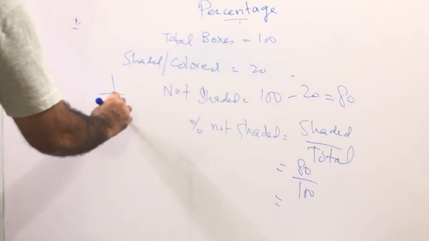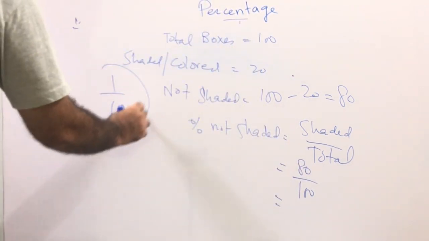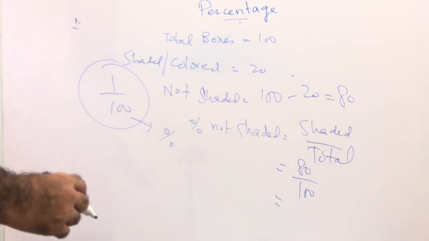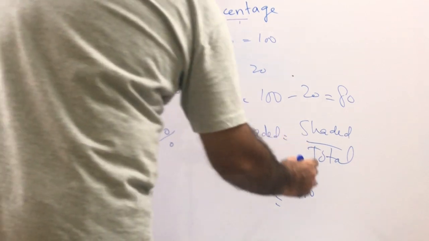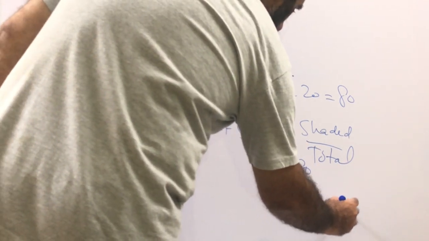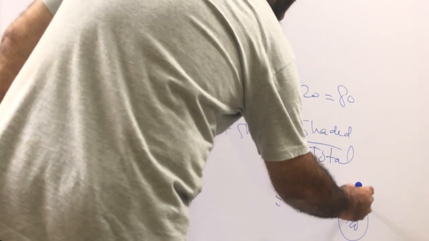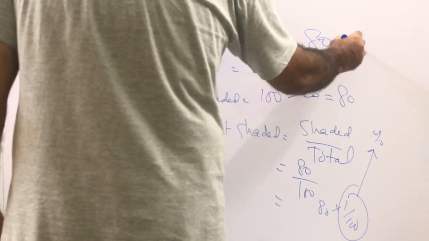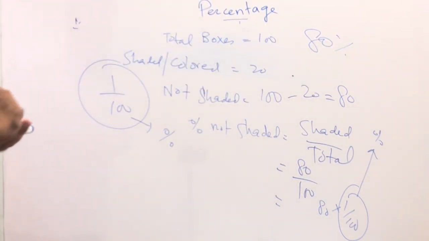Whenever there is 1 over 100, we name it as percent. 80 over 100 means 80 multiplied by 1 over 100, and 1 over 100 means percent. So 80% is not shaded. Hopefully you got the idea.